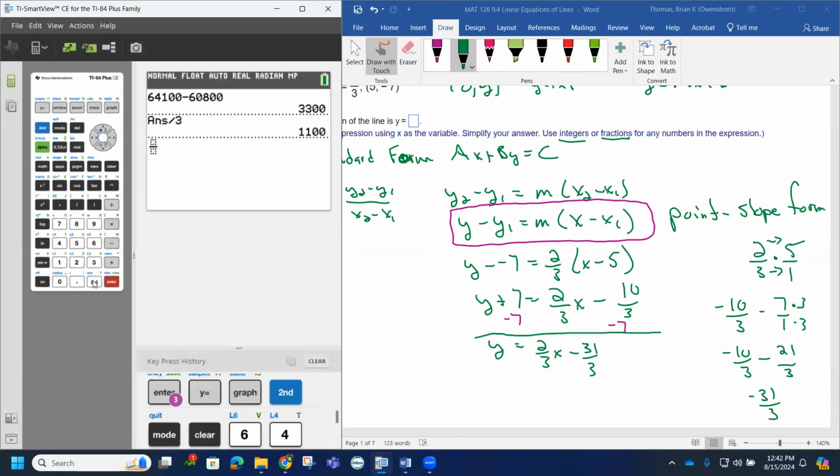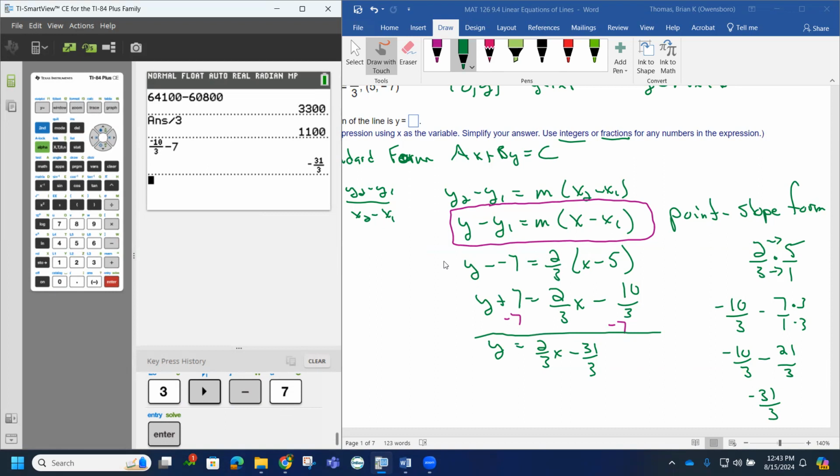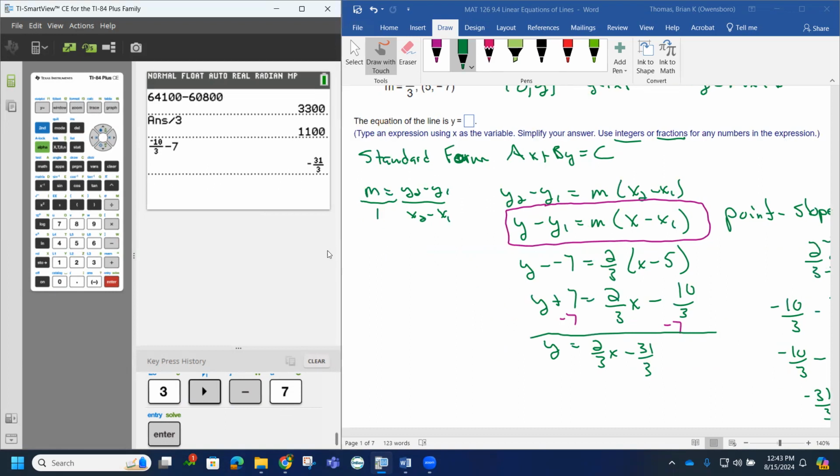I always like to put the negative in the top, so negative 10 thirds, and then come out and subtract 7. That should give me negative 31 thirds, and it does, so that would be correct. I can do it by hand, or you can use the technology, because adding and subtracting fractions can be a little more time consuming, so it's a time saver. So the equation they're looking for is y equals 2/3 x minus 31 thirds.